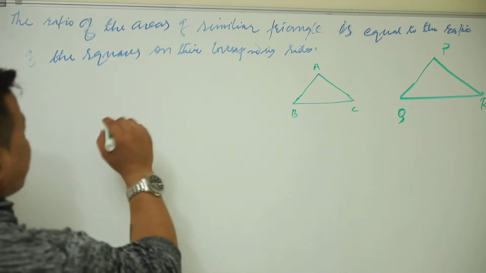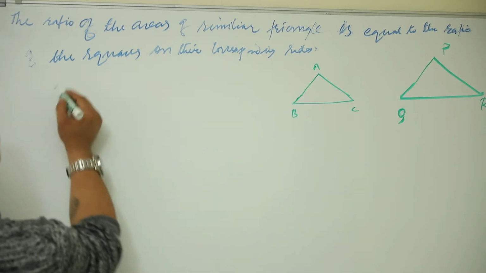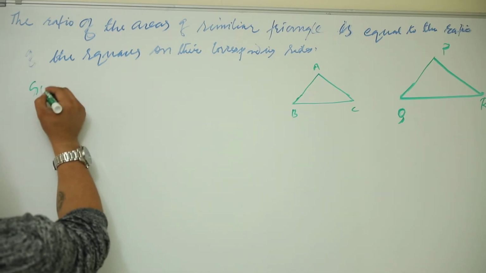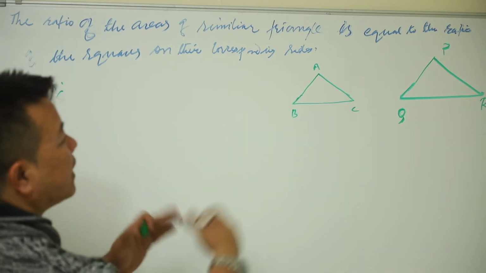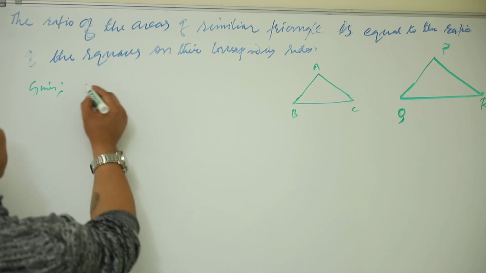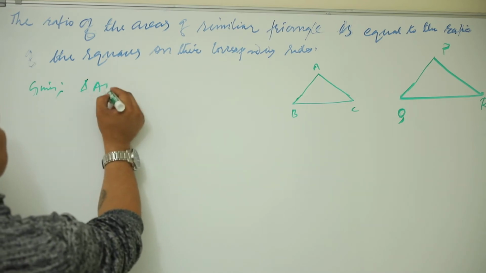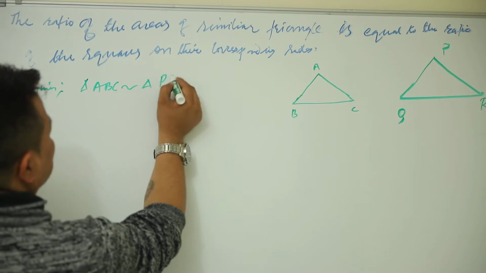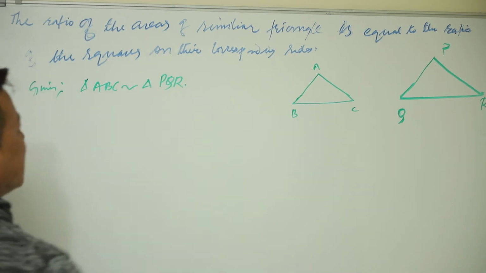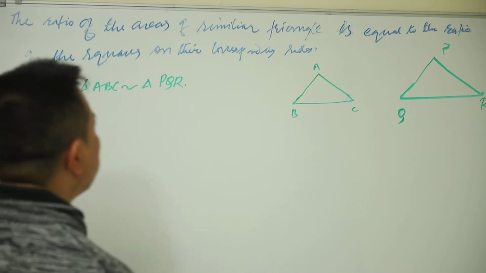Now you have to prove it. What is given? Two triangles are given and they are similar. So you can write triangle ABC is similar to triangle PQR. This is given. What do you have to prove now?